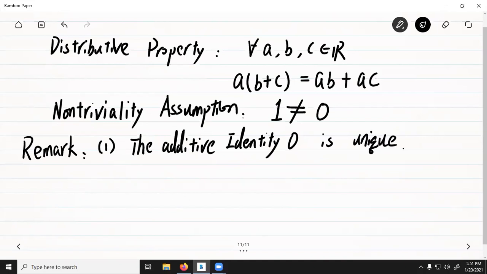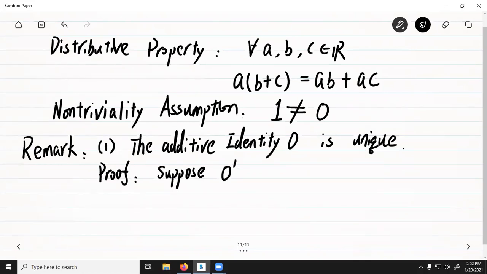So the next question is why? When we study this course, you should always ask yourself why. We try to prove it. So now let's prove it. For the format of the proof, first you must write down the word proof. We suppose we have another one, which is called 0 prime.